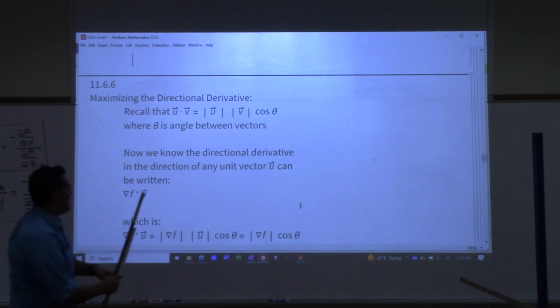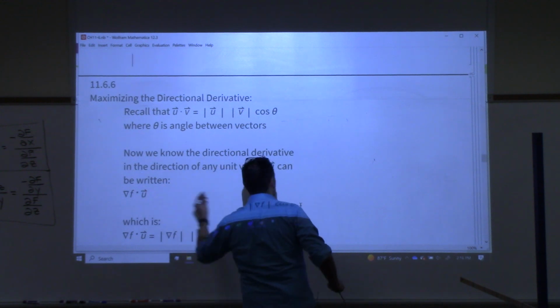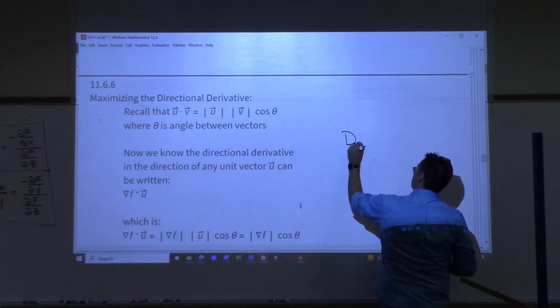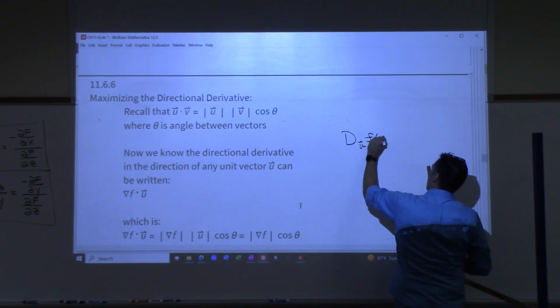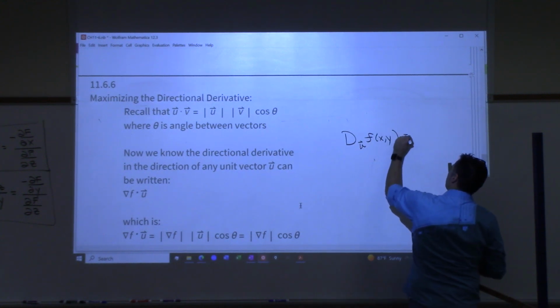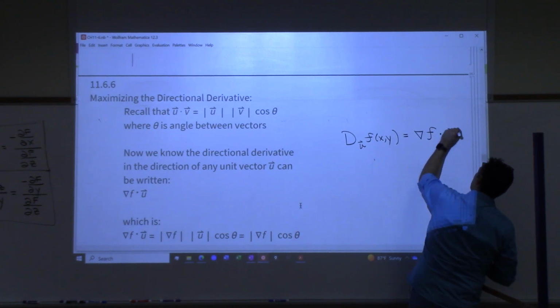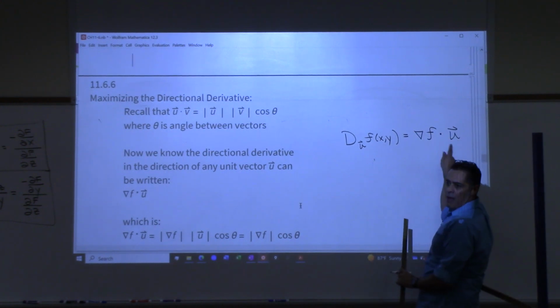See, we've already established that right there, that the directional derivative of a function is just del f dotted with the unit vector, right? Like, that's just a clever way of us writing it in notation, right?